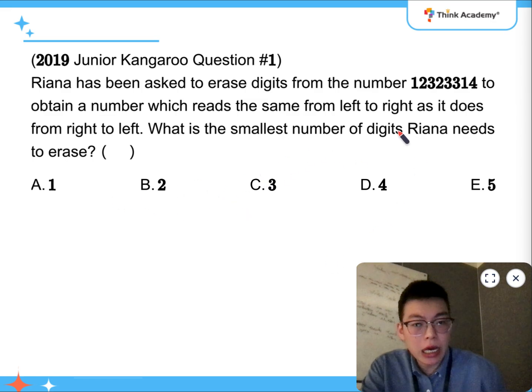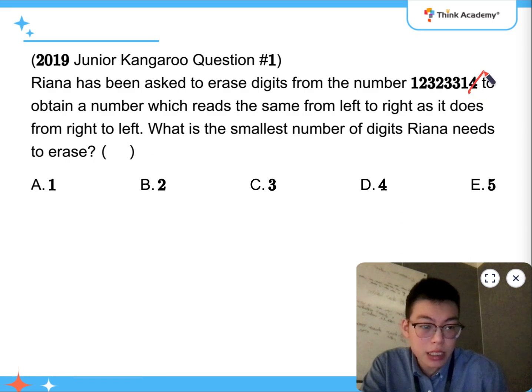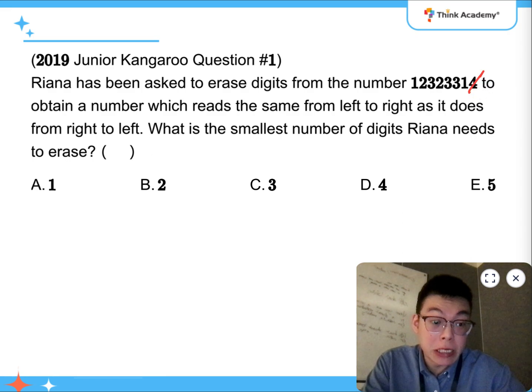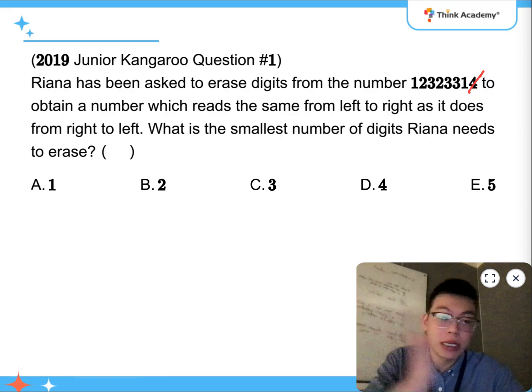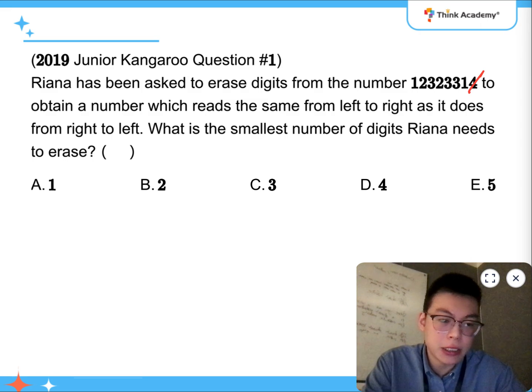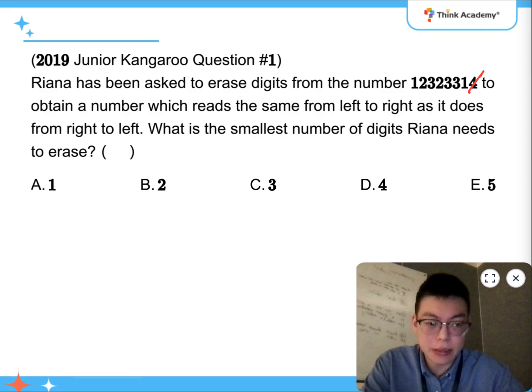So basically, 4 has to be erased, because if you want it to be reading the same way left or right, it means that it's going to be repeating itself for the digits on the ends, right? So definitely that's not fitting the description of 4. It only occurs one time.